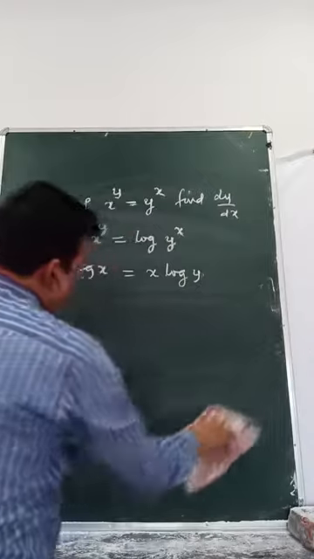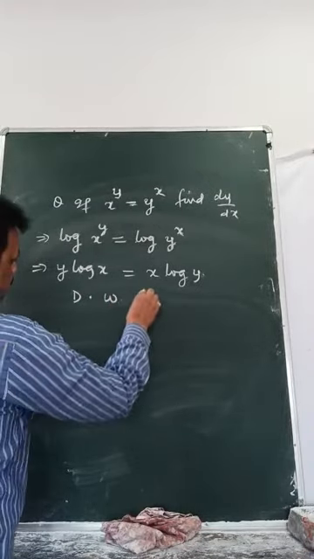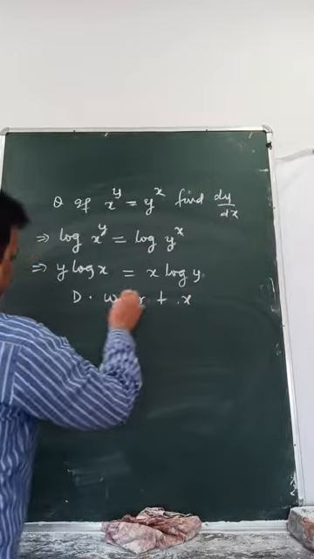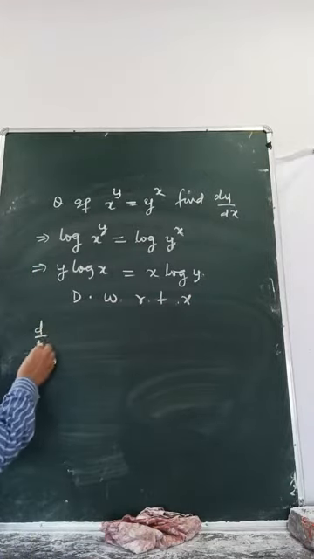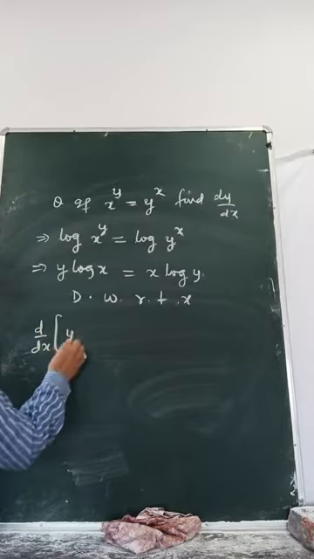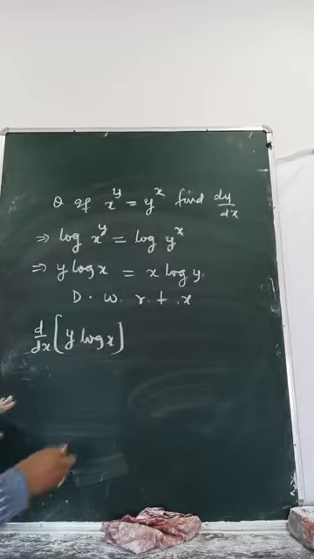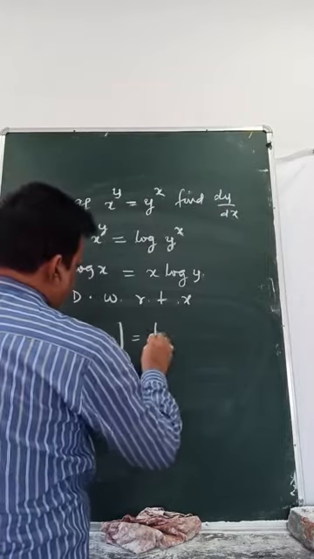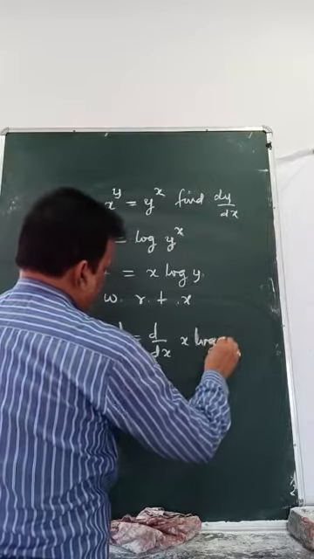Now take the derivative, differentiating with respect to x. So you will find ddx of y log x equals ddx of x log y.